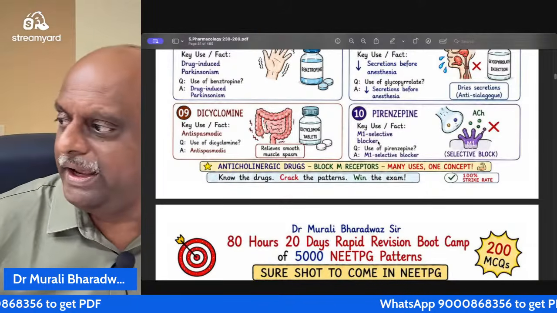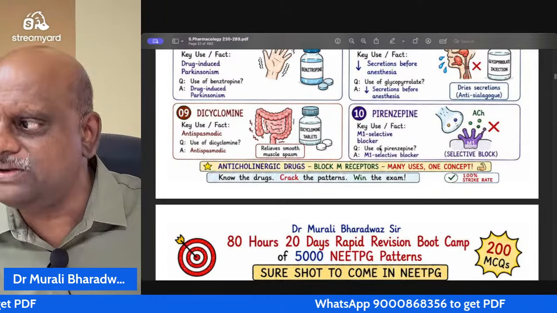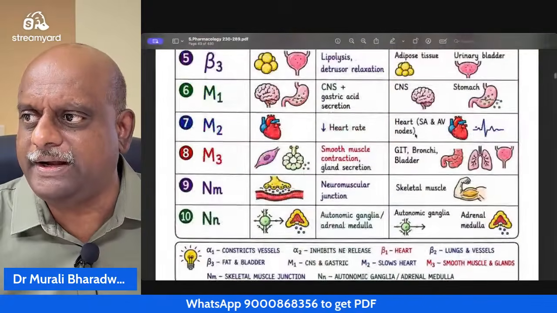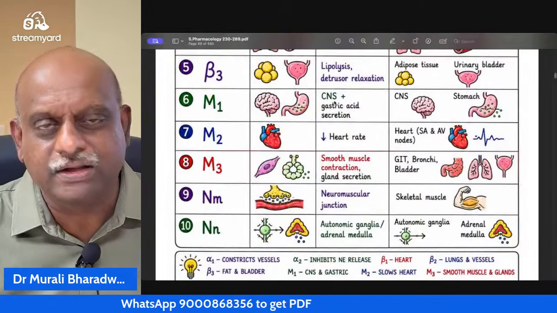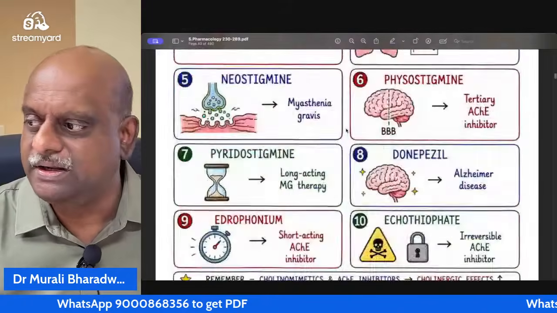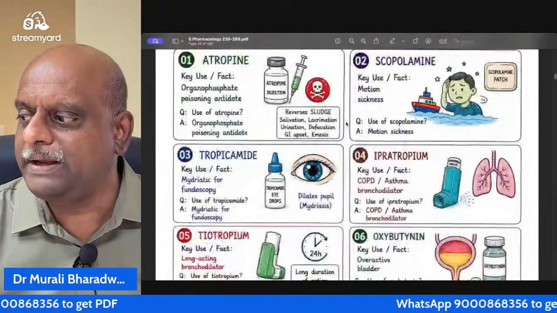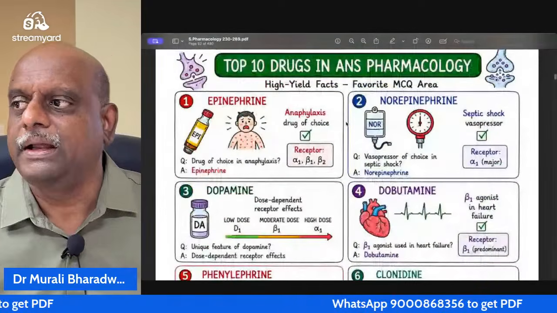Pirenzepine is an M1 selective blocker. So where are the M1 receptors located, doctor? CNS plus gastric acid secretion. So to treat the acidity, we can use pirenzepine. Right, doc?